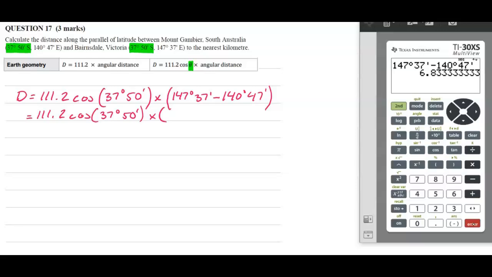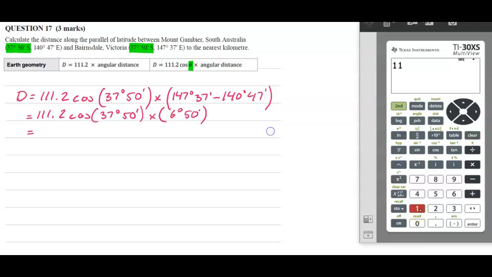Now you could leave it there, or if you want to keep it exact, let's change it to minutes and seconds. So we get 6 degrees and 50 minutes.